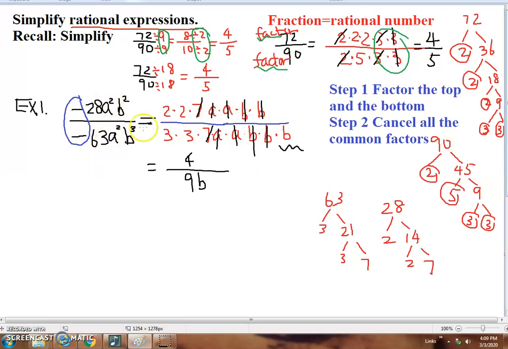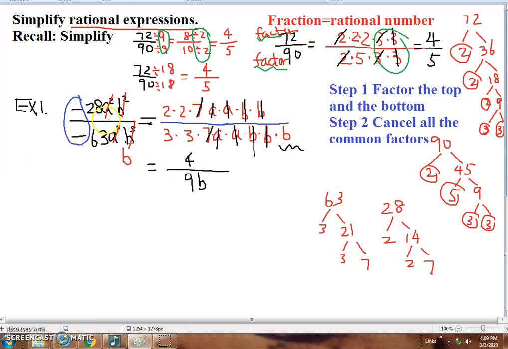The other way to do the problem is, because the top has 2 a's and the bottom has 2 a's, we can cross out the 2 a's together. But b squared and b cubed, notice that the bottom has an extra copy of b. So we can only cancel out the common factor b squared, and we will still be left with the b. And if you do it this way, you're going to get the same answer.